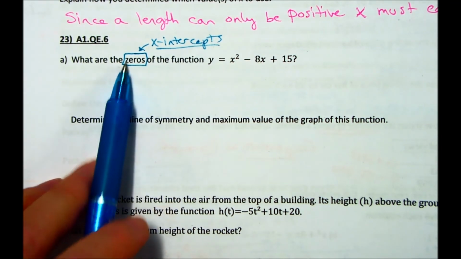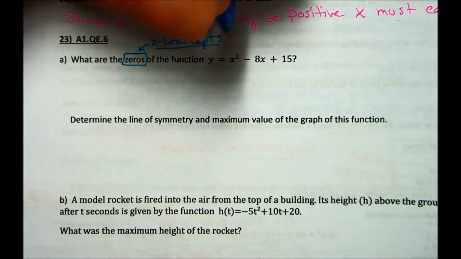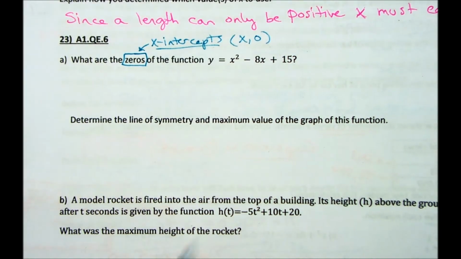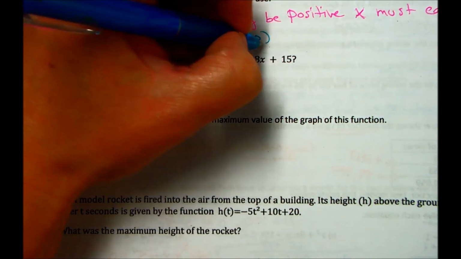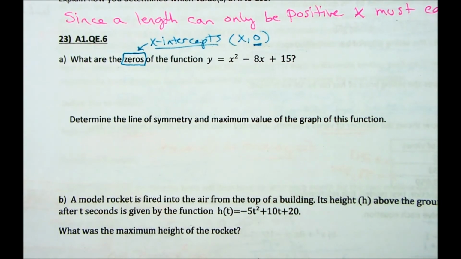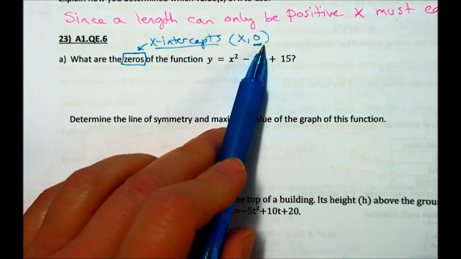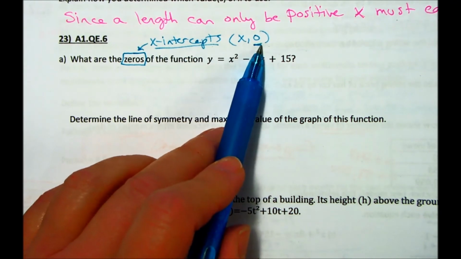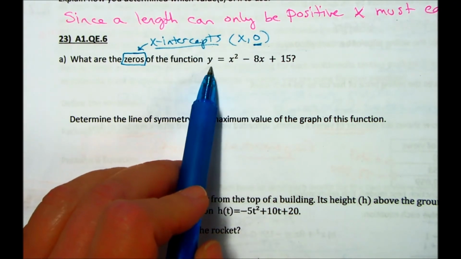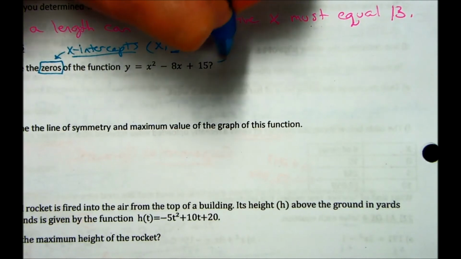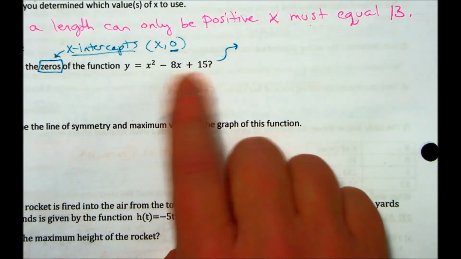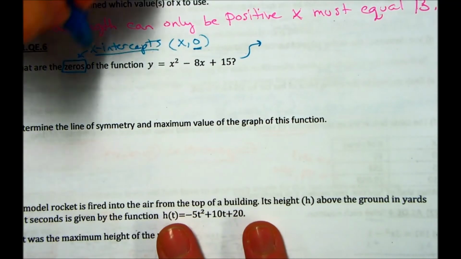One of the reasons why it's called a zero is because all x-intercepts have a y-coordinate of 0. So if we were to take 0, which is our y-coordinate, and put it in our equation for y, we then will just have our equation. Basically, we want to set our equation equal to 0.